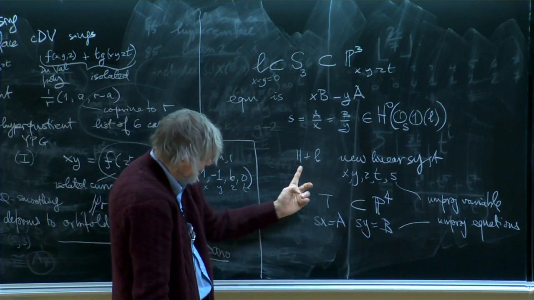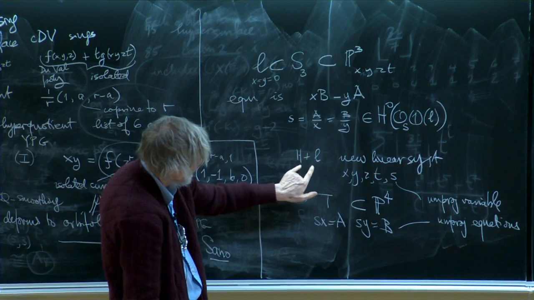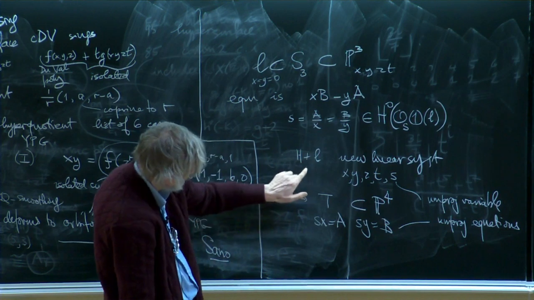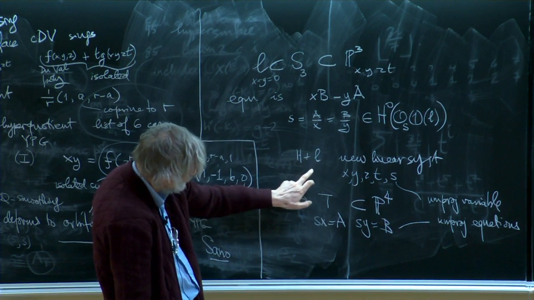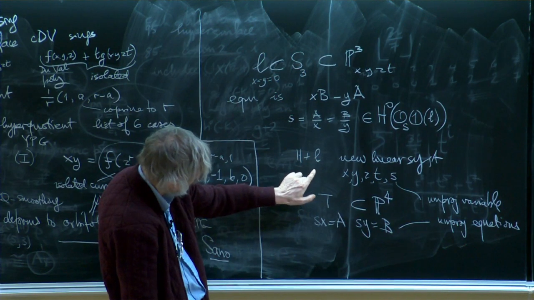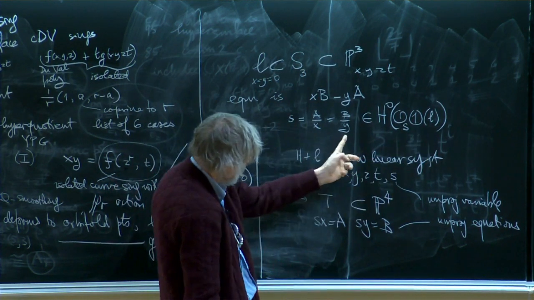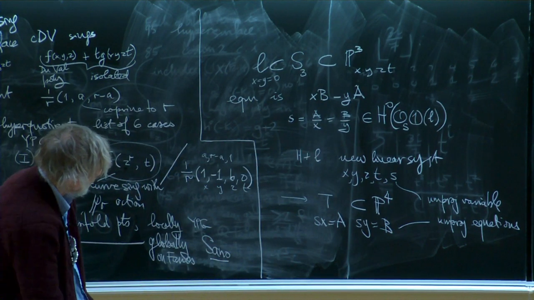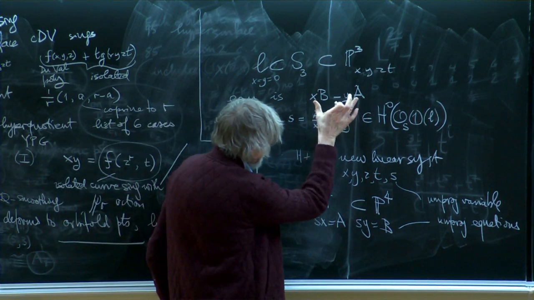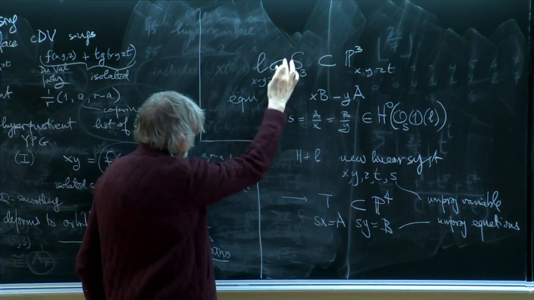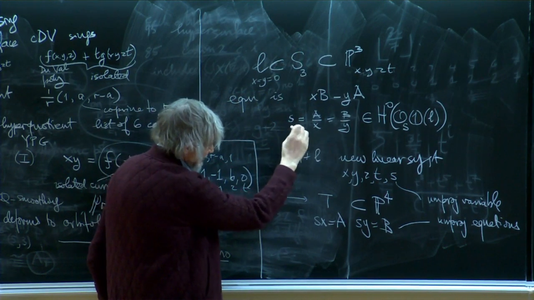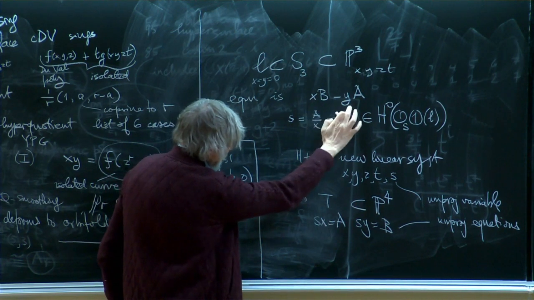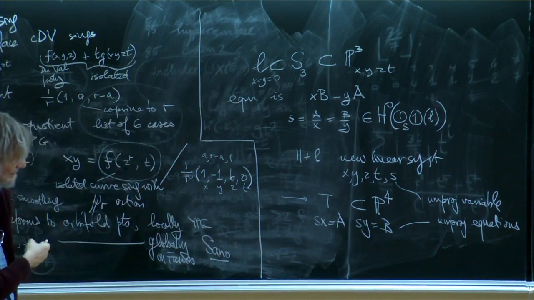Most of you will have at some point come across Castelnuovo's contractibility criterion, and to prove Castelnuovo's contractibility criterion, you write down exactly a linear system like this, consisting of things with poles along L. So from an algebraic point of view, if I was working with this as an affine equation, so if I was working with the affine cone over S3, what this is doing is throwing the divisor x equals y equals 0 to a point at infinity.